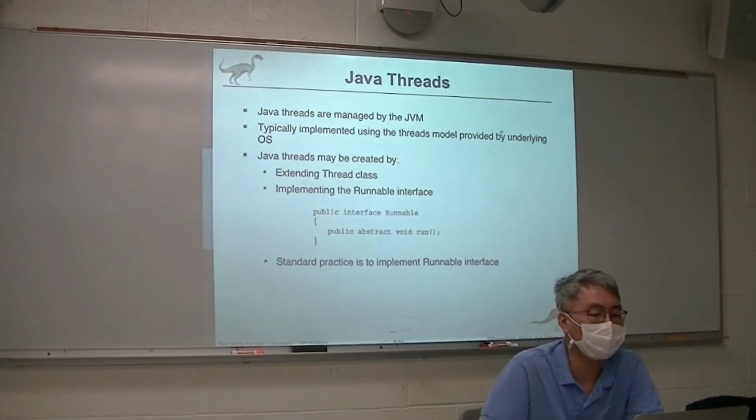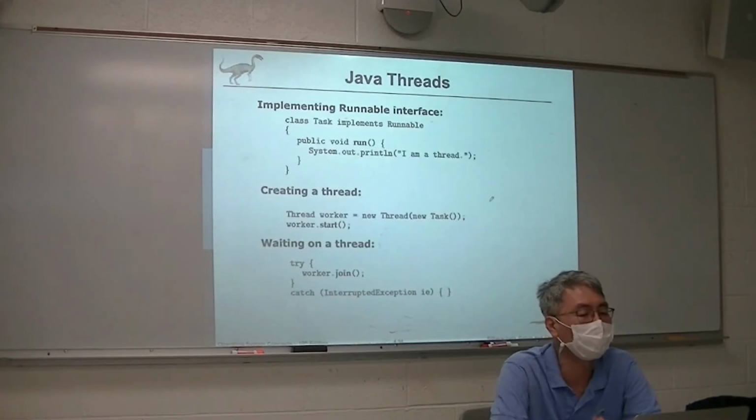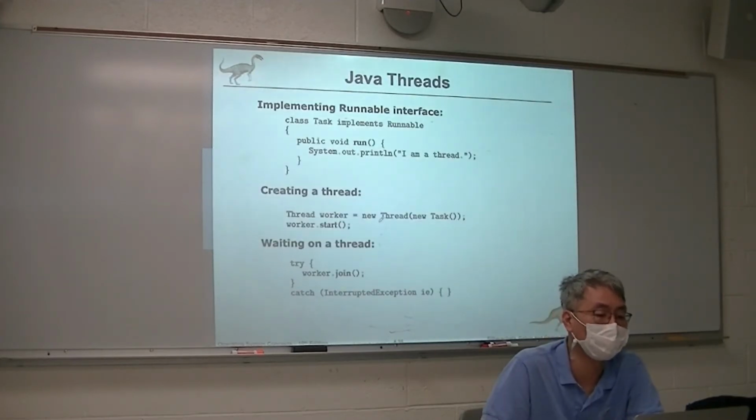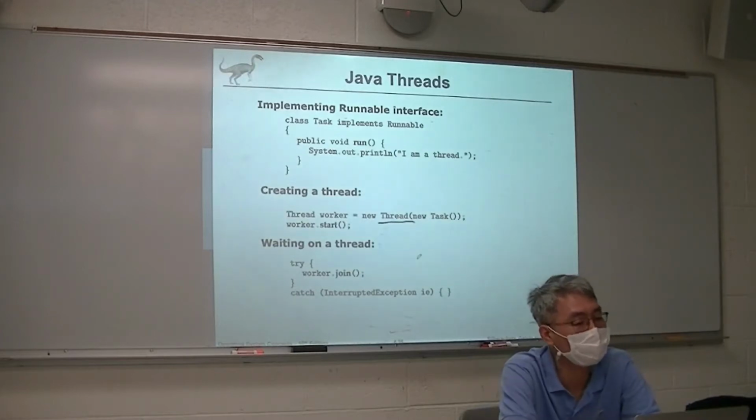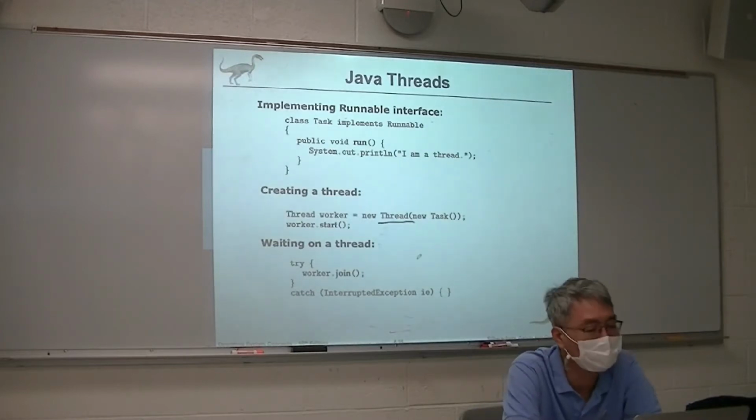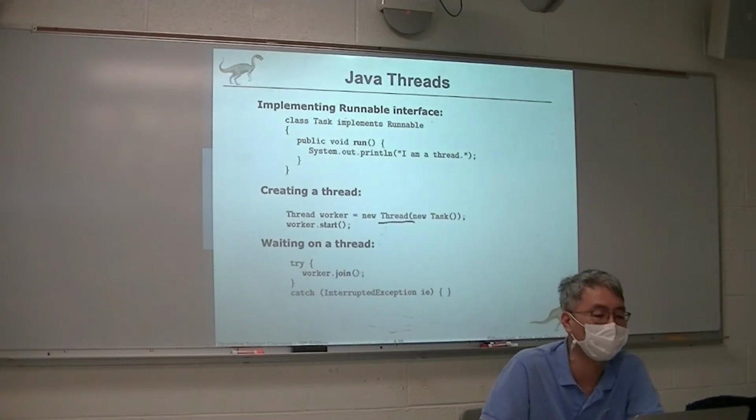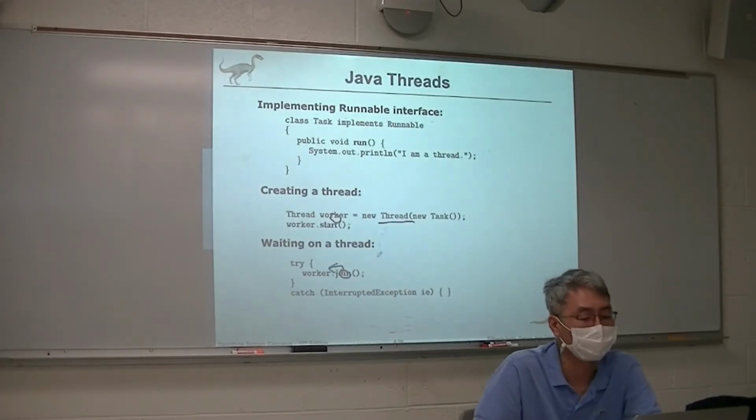At that time, you need to create a Runnable object. This Runnable will be specified in your Thread object. So this is instantiating your thread, and this worker creates the thread and joins to your process.